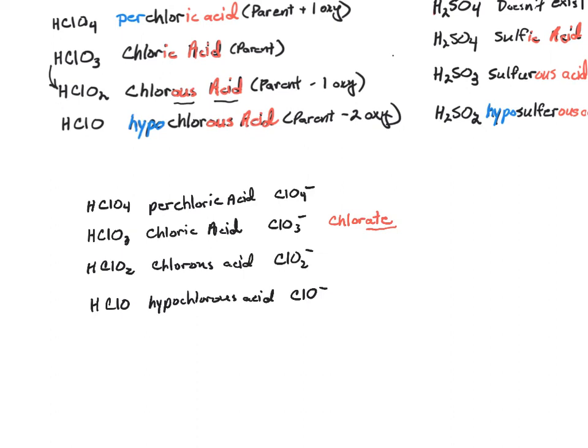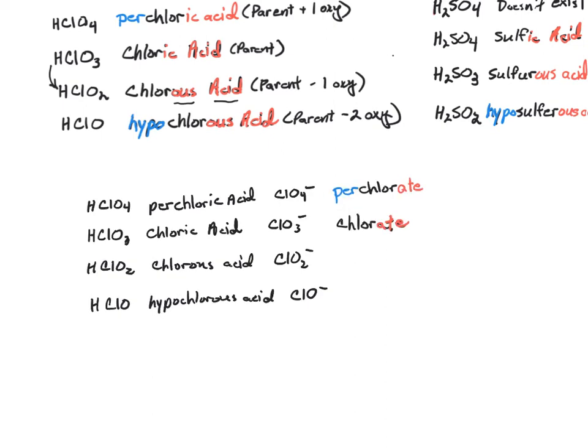For the version that has one additional oxygen, we use the prefix per, and we use the root chlor, and the ending suffix of ate. Okay, now I'm going to pause here. I'm going to correct some of the coloring here just to be consistent.